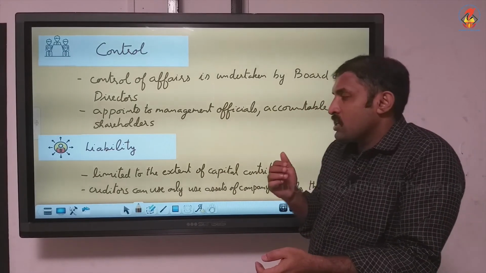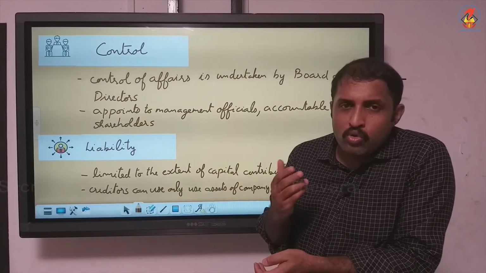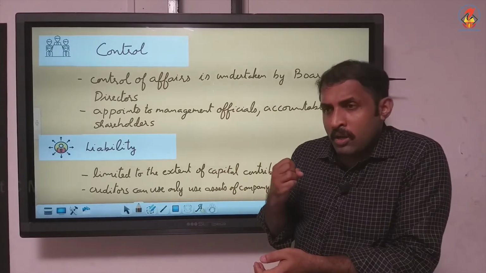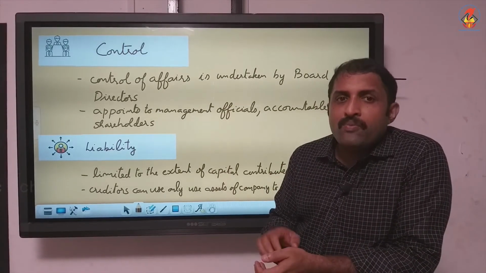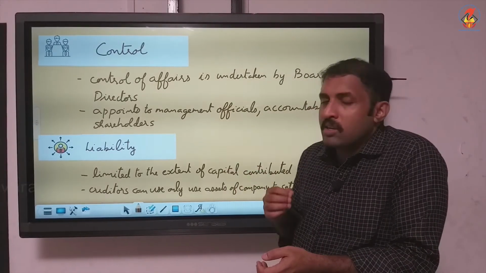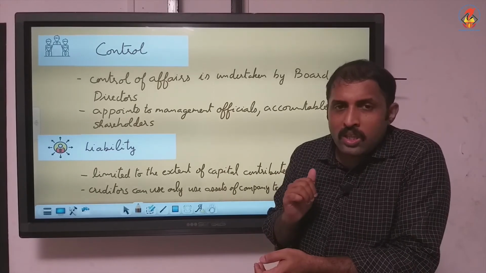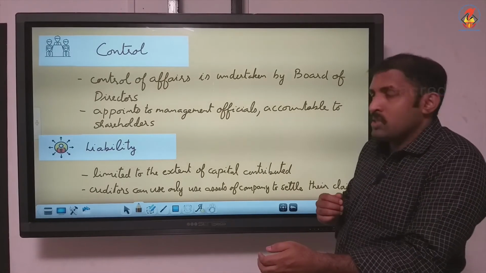Creditors, that means those to whom the company has to repay money, can use only the assets of the company to settle their claims.